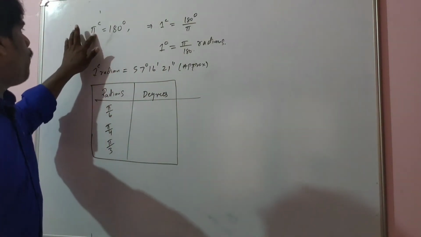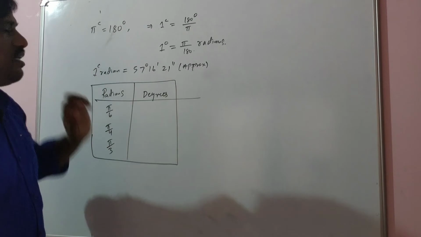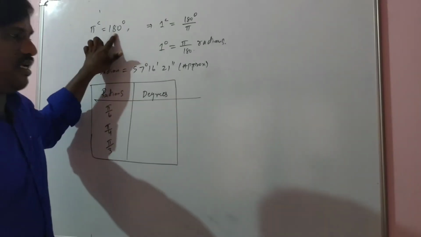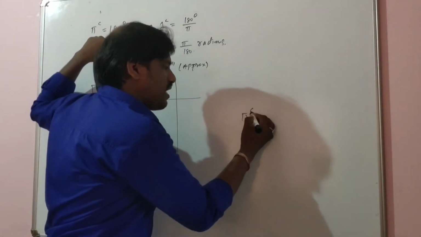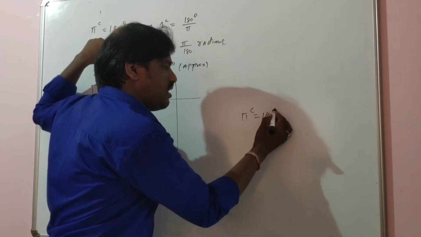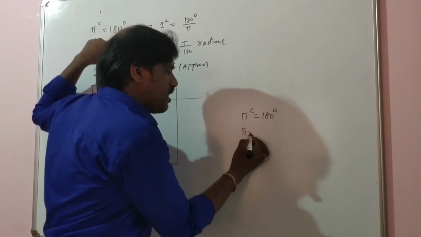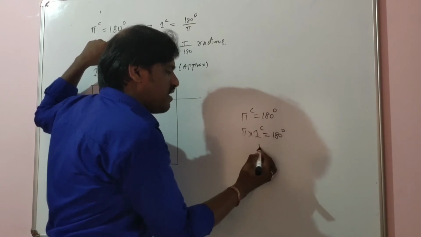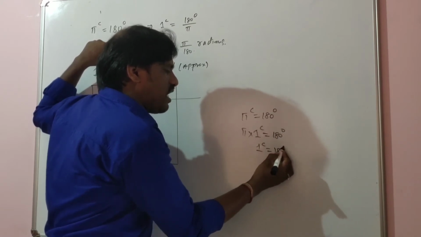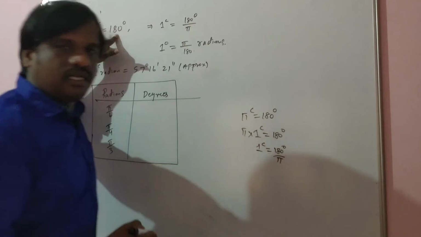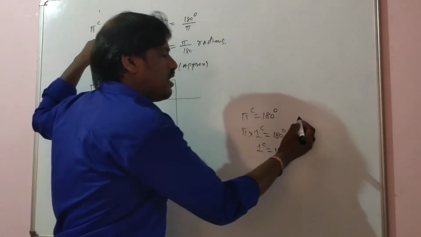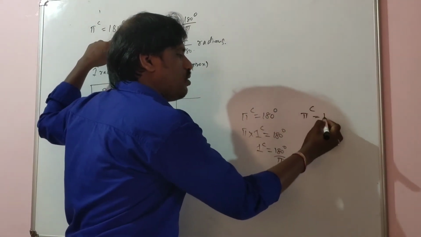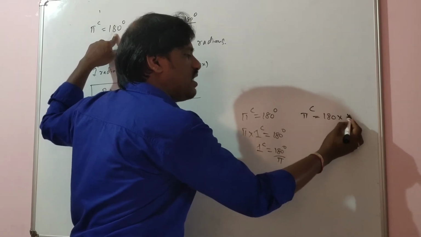So pi radians is equal to 180 degrees. That means pi into 1 radian is equal to 180 degrees. Then 1 radian is equal to 180 degrees by pi. And pi radians is equal to 180 into 1 degree.